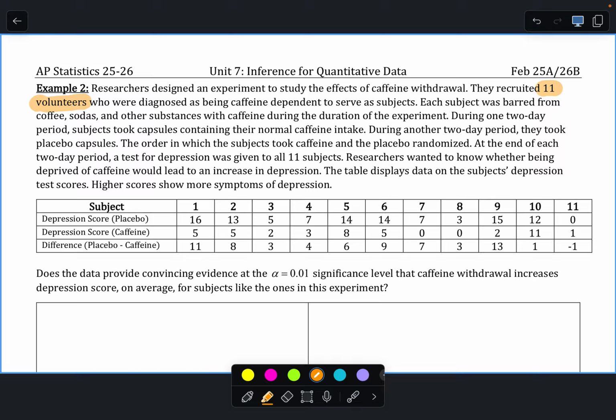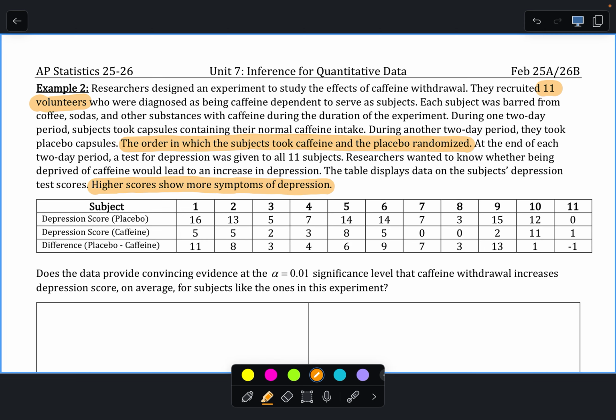Now, one thing that's going to be important here: the order in which the subjects took caffeine and the placebo was randomized. So that is going to be enough for us to say, okay, we can check off the random condition. The depression scores are also another part that's going to play into how we write our hypotheses. Higher scores show more symptoms of depression.